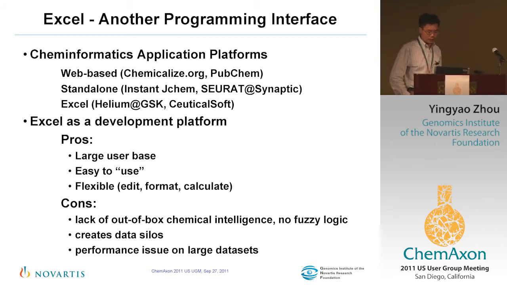From a developer point of view, there are a few disadvantages of using Excel as a development platform. For example, there isn't out-of-the-box chemical intelligence. That's why we have JChem for Excel and many other plugin products.